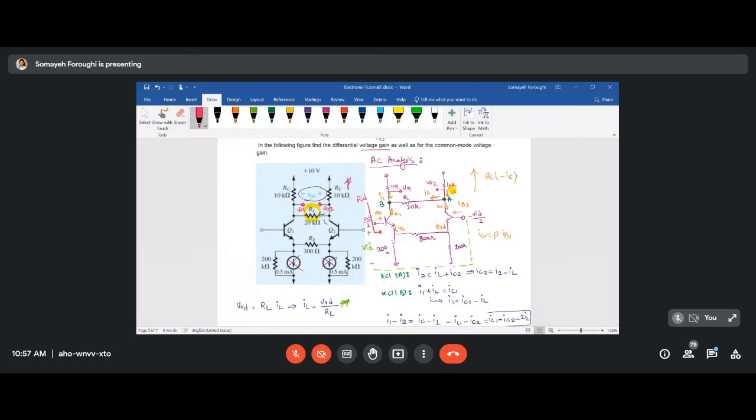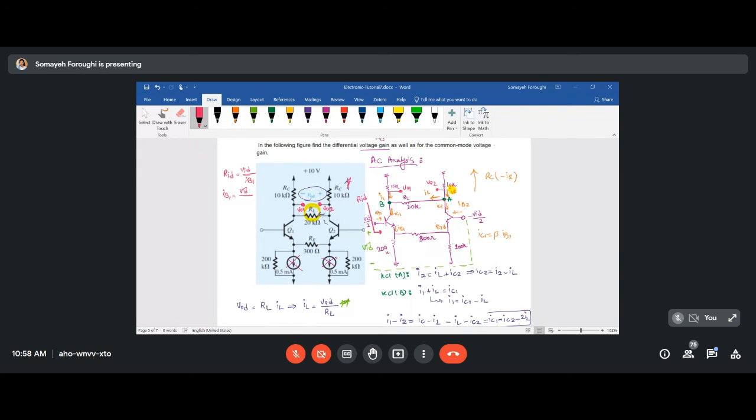of collector 1, then you can simply say that our ID equals the ID over I base 1. But I'm more interested in finding I base 1. Then if I do some rearrangements, I base 1 will become the ID over the resistance observed from the base of Q1.